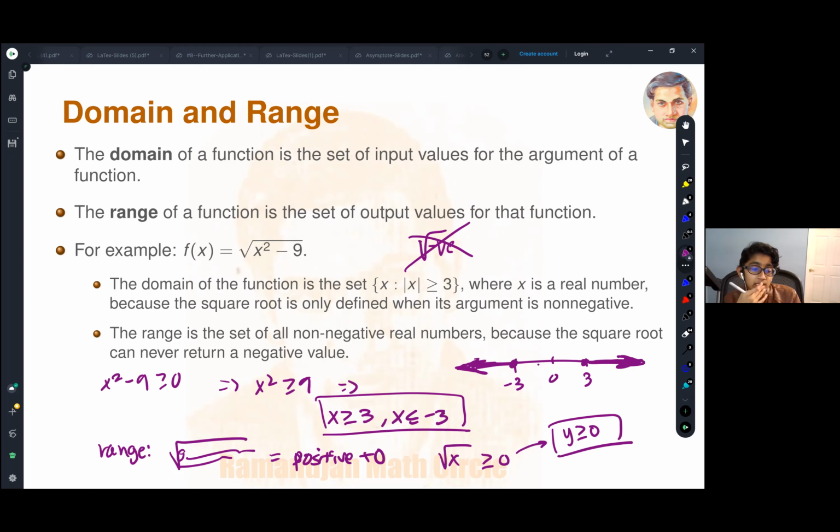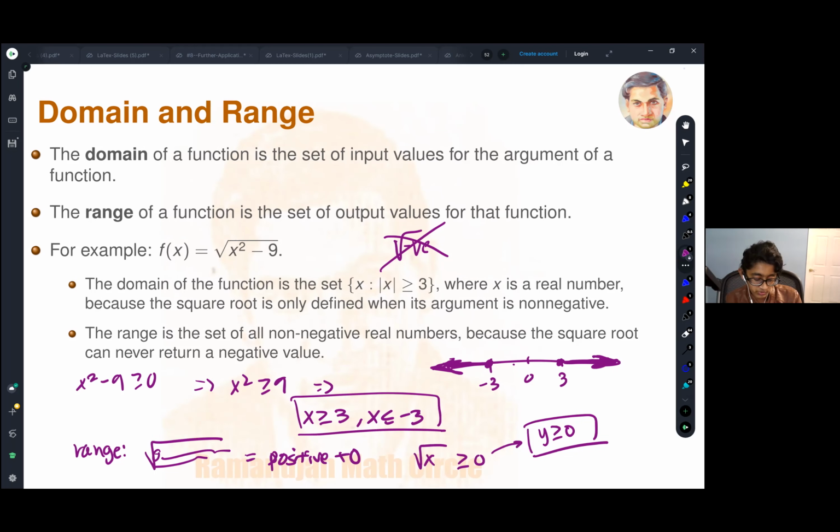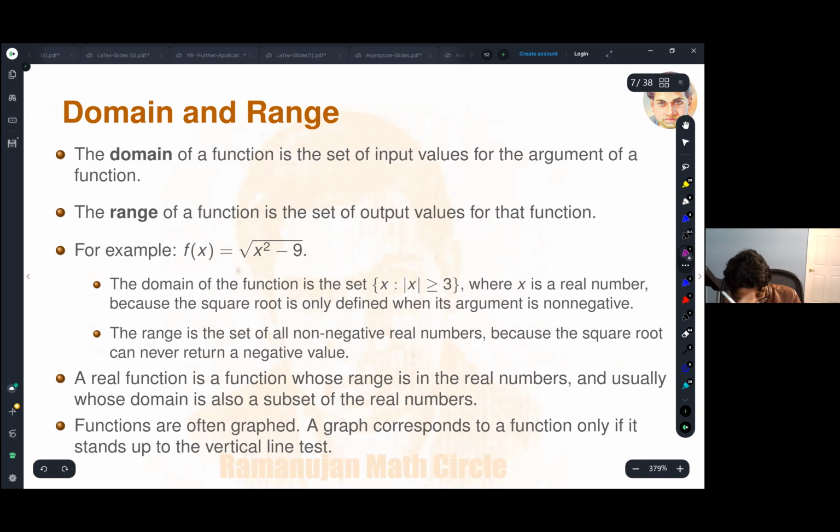So yeah, that's basically about domain and range at its simplest. And now let's move on to some basic things about functions, just a little bit, following on from domain and range. So a real function is basically a function whose range is in the real numbers, and usually whose domain is also a subset of the real numbers. What a subset means is that it belongs to the real numbers.